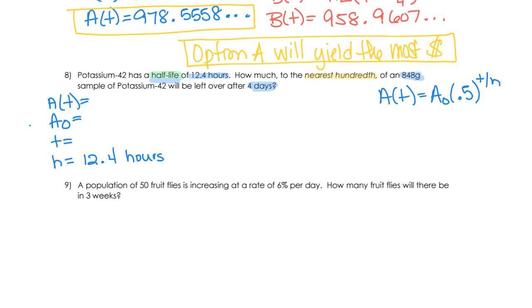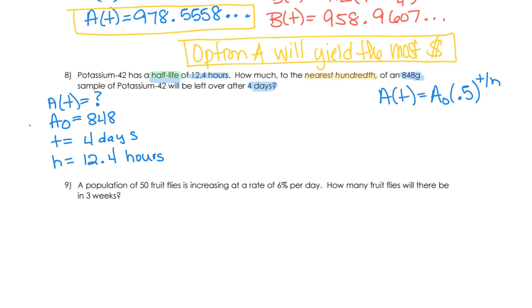Okay. It says that we have 848 grams to be starting with. And we want to see how much is left after 4 days. And you guys are going to see right there that we have a little bit of an issue. Our T and our H are not in the same units.